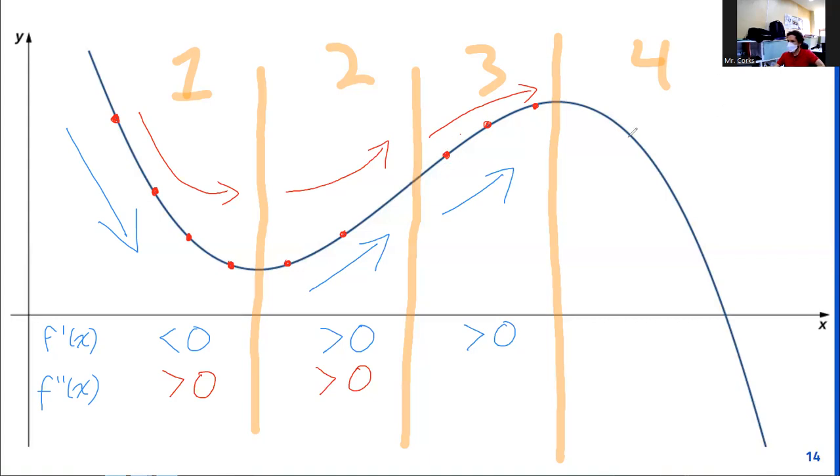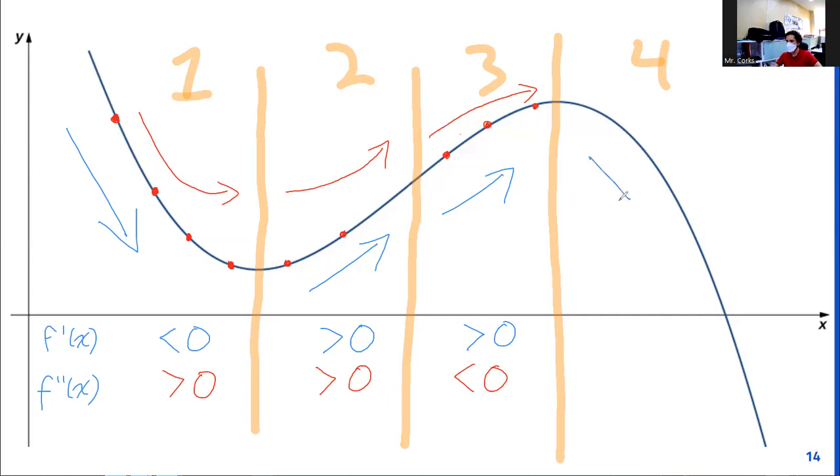So this is the start of the curving down. Curving down looks like this arch shape. Even if it's just the first half of it, that's still curving down. Or just the second half is still curving down. So here our second derivative is less than 0.